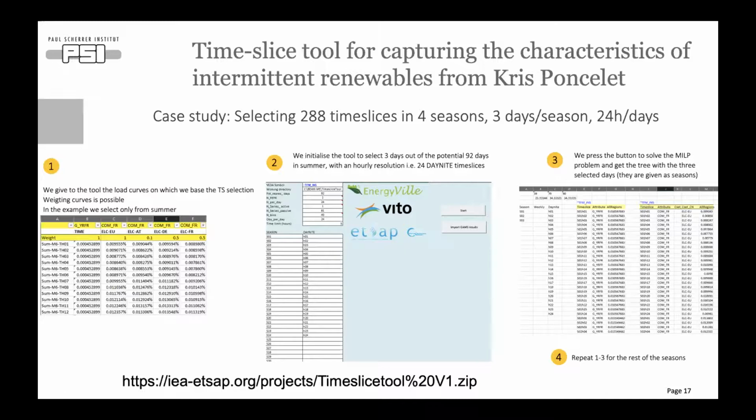So I put the highest weight for the total of Europe, and then I weighted the different countries based on their, let's say, contribution to the total demand. So no, I didn't put also the wind and solar in that selection. It was too complicated, and the tool took a lot of time to converge.